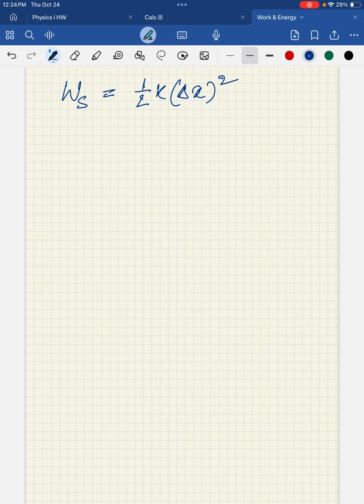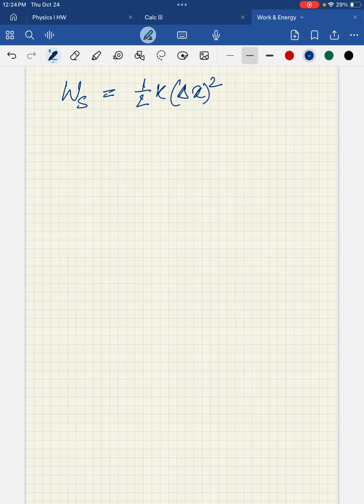That means if the amount of compression or elongation between point A and B is delta x, then the change in potential energy in the spring is going to be equal to half k delta x square.